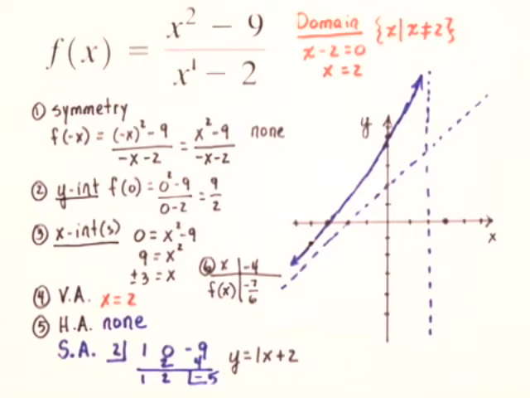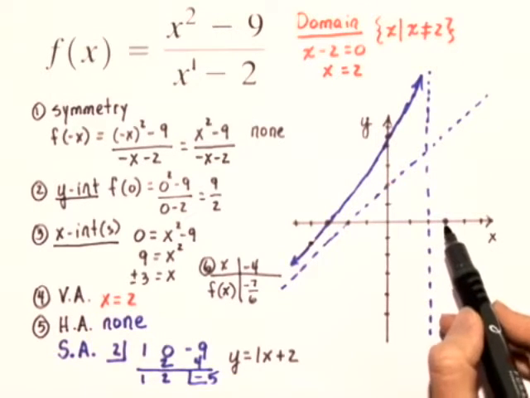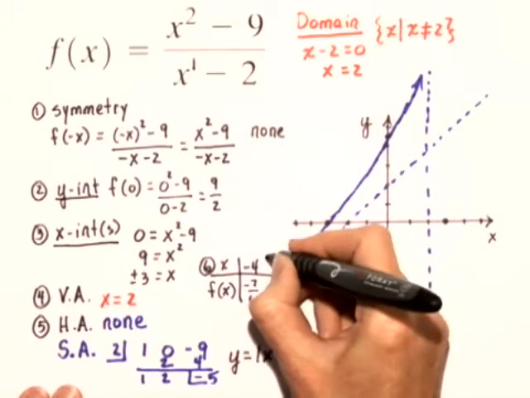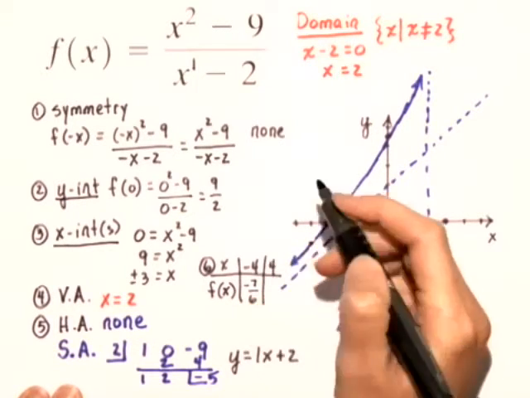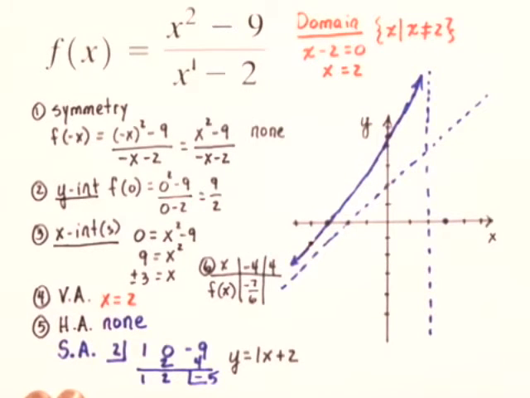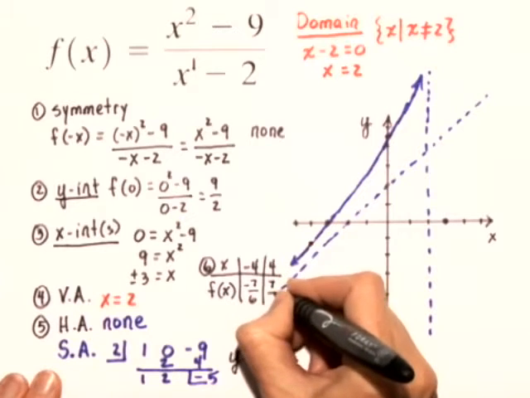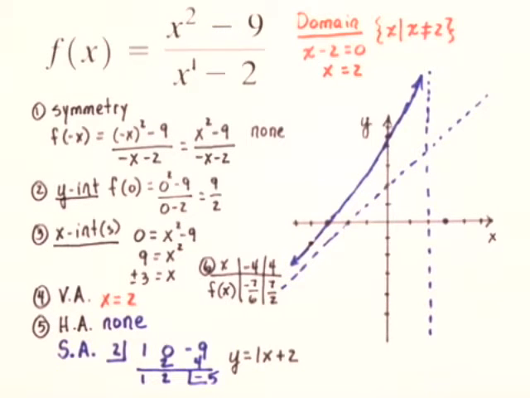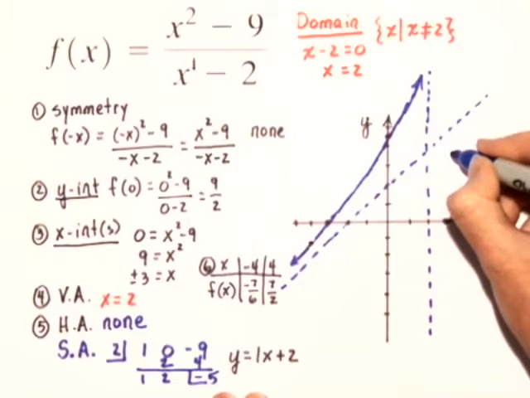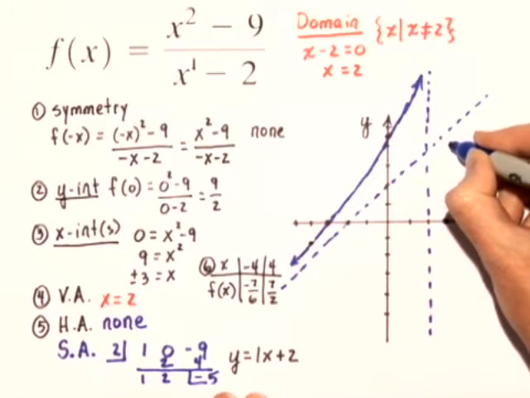Now, we also can pick one value to the right of 3, our x-intercept. Let's pick positive 4. If I substitute in positive 4 in my original function, I'll come out with the value 7/2. And we can plot 4, 7/2 right about here.